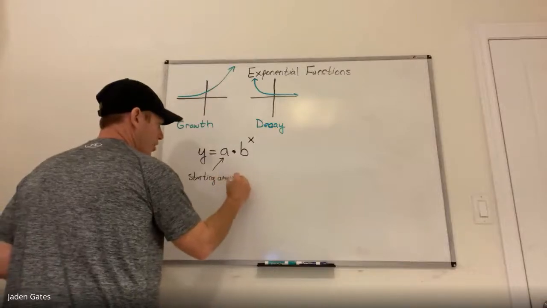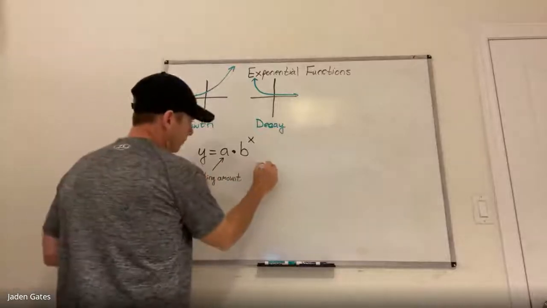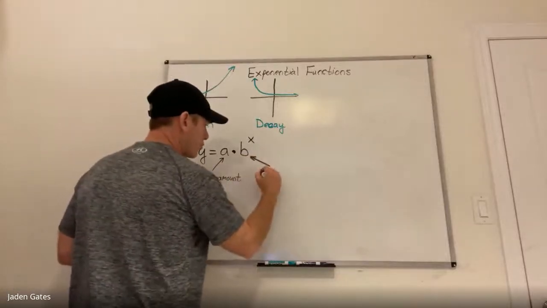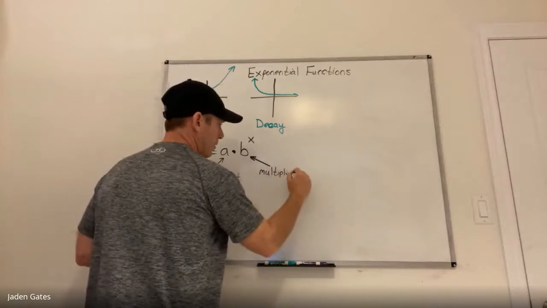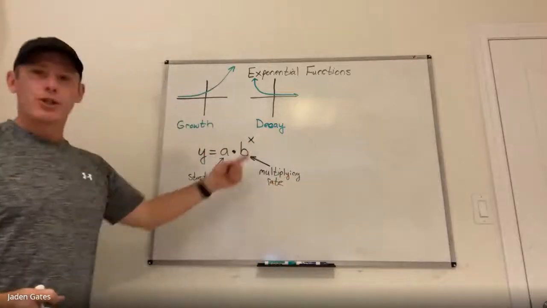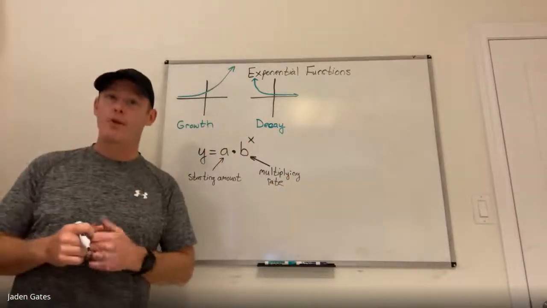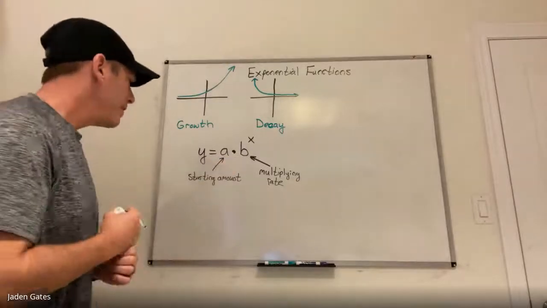Your b value is called your multiplying rate. Now, x will determine how many times you're going to multiply that rate, but b is your multiplying rate.